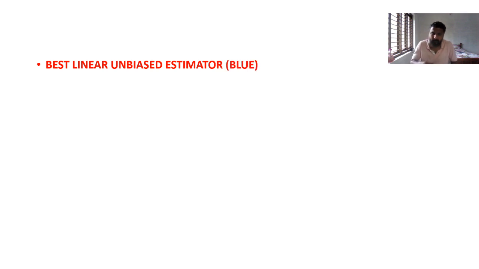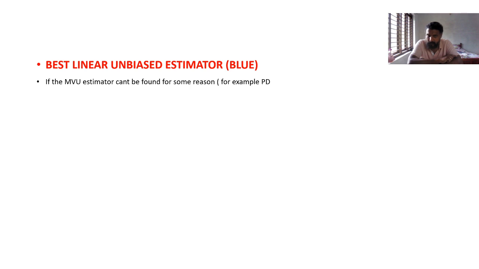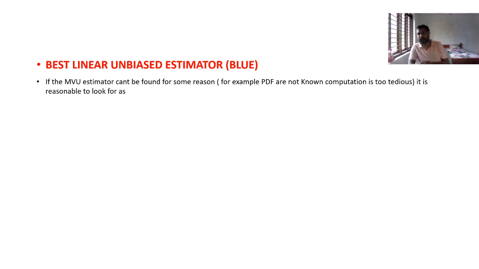As I told you, if the MVU estimator cannot be found for some reason, for example if the PDF is not known or the computation is too tedious, then it is reasonable to look for a sub-optimal estimator, some other estimator.